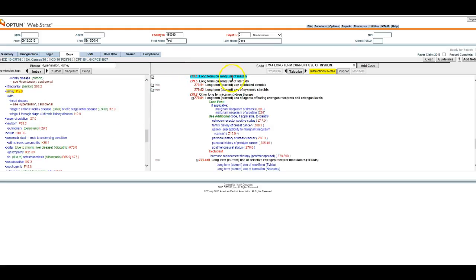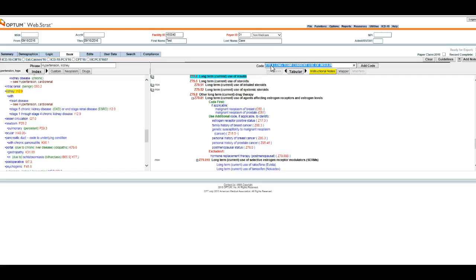Okay, long-term current use of insulin, Z79.4. I'm just going to jot that code down, and I'm going to review the case to determine if the patient is taking insulin. So that's a little tip for you.